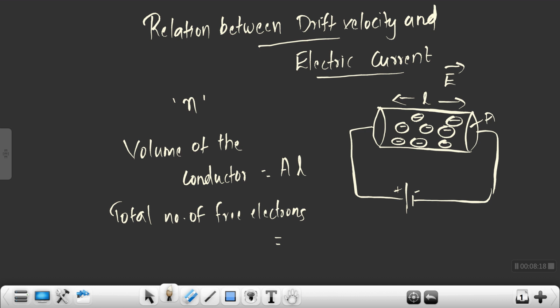So to find the total number of free electrons, we have to multiply the number of free electrons per unit volume into the total volume of the conductor. So the total number of free electrons we get is nAL.